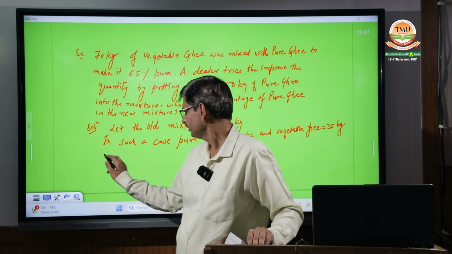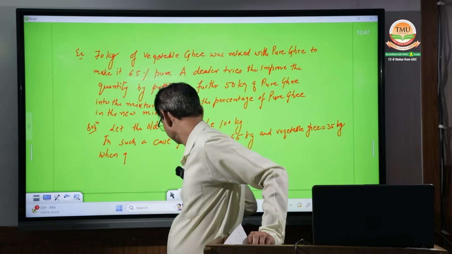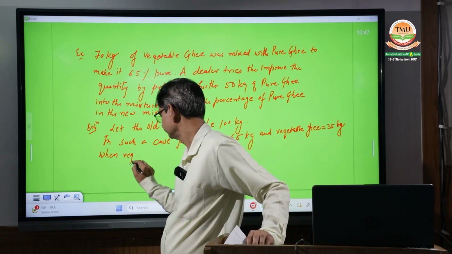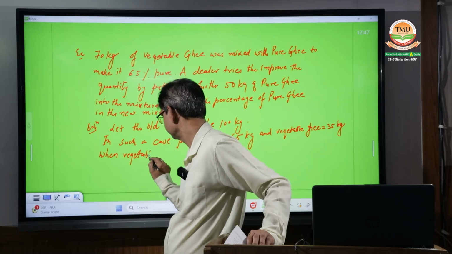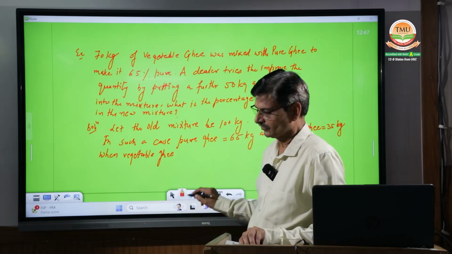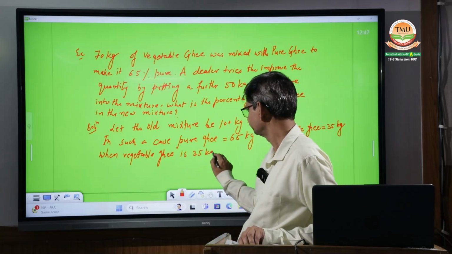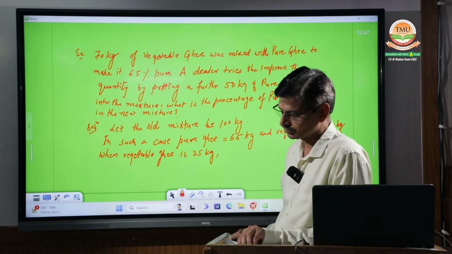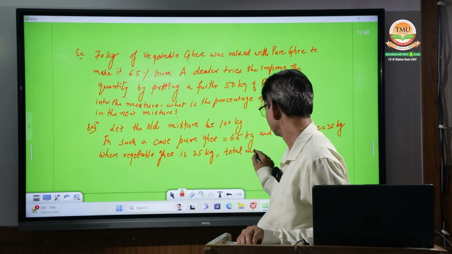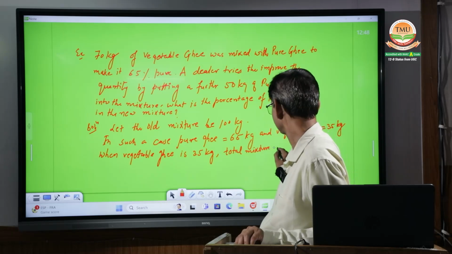When vegetable ghee is 35 kg, total mixture is 100 kg.